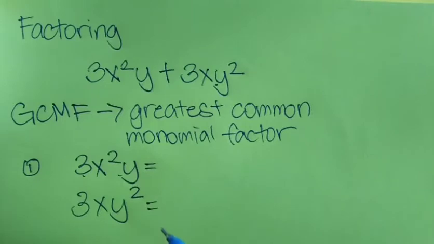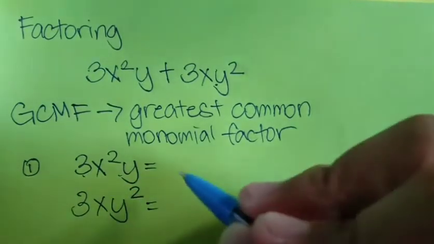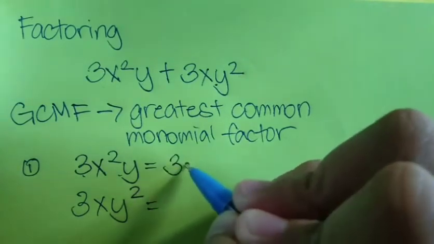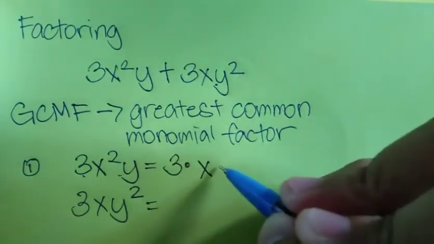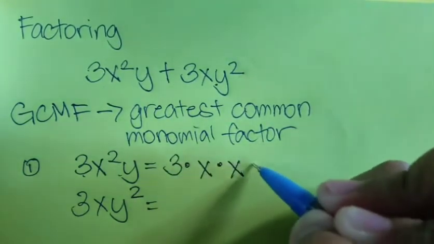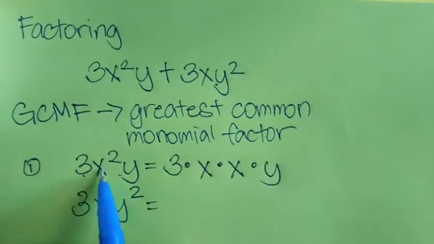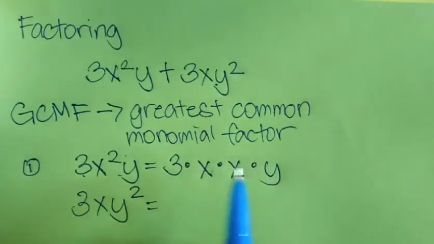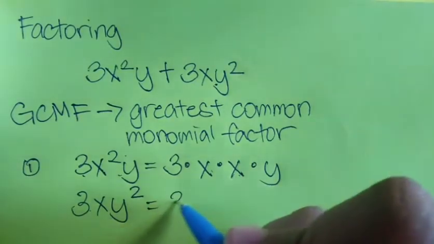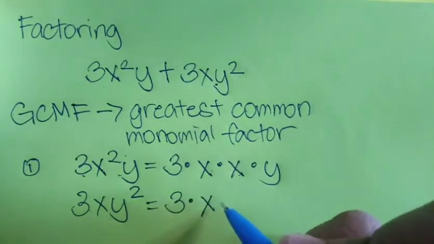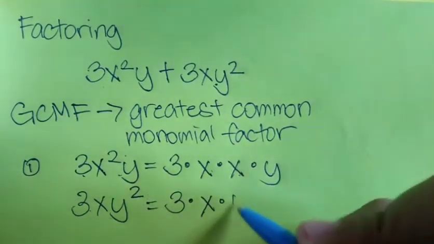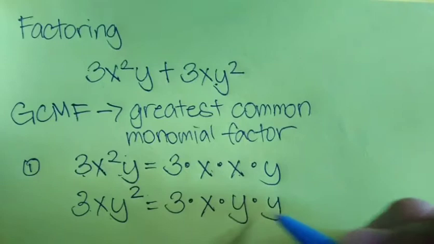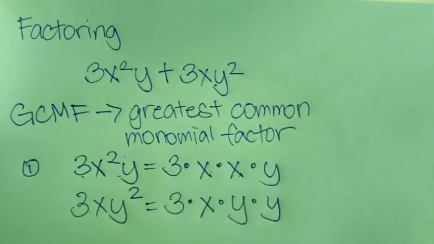So we are going to dissect it. So we have 3 times x times y. Remember that x squared is x times x. Then, for this second term, we have 3 times x times y squared is y times y. That's the first step.